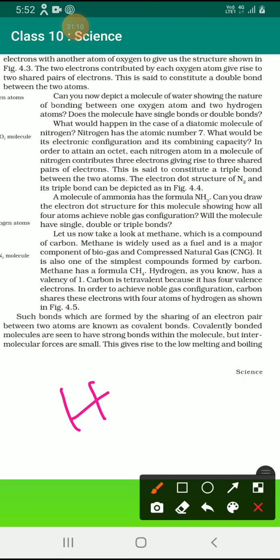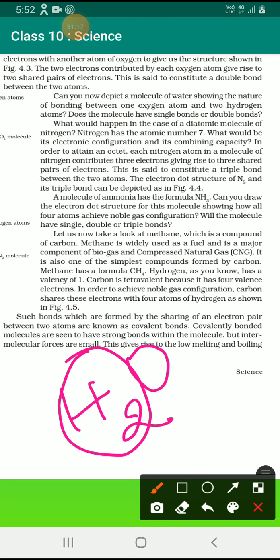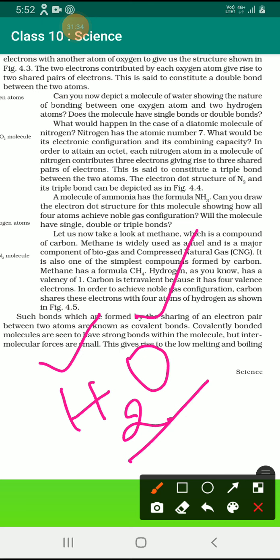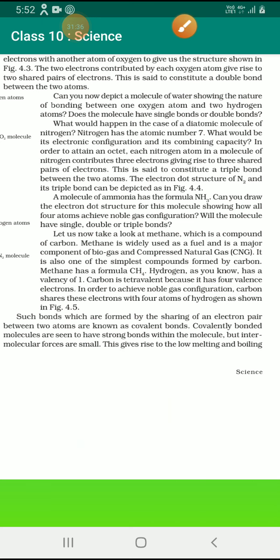It consists of two hydrogen atoms and one oxygen atom. If there is a one, we don't denote one. Remember this, I told you. So it is understood. Here H2O means two hydrogen atoms along with one oxygen atom.